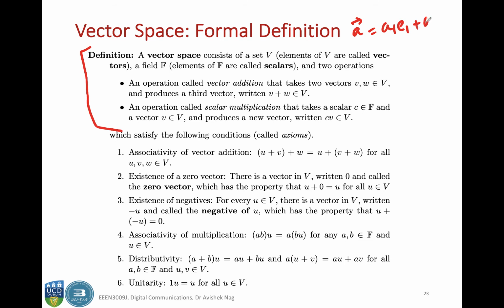Because let's say these a1, a2, a3 are actually scalars, and you are multiplying the scalars with these unit vectors and then adding them together to get a vector a. So this addition and this multiplication also need to be defined along with the definition of the vector space.